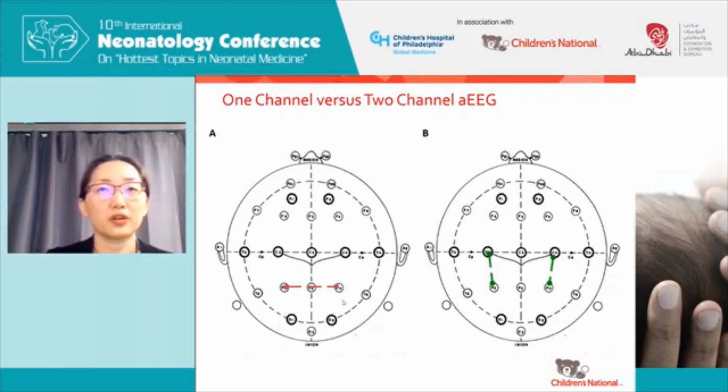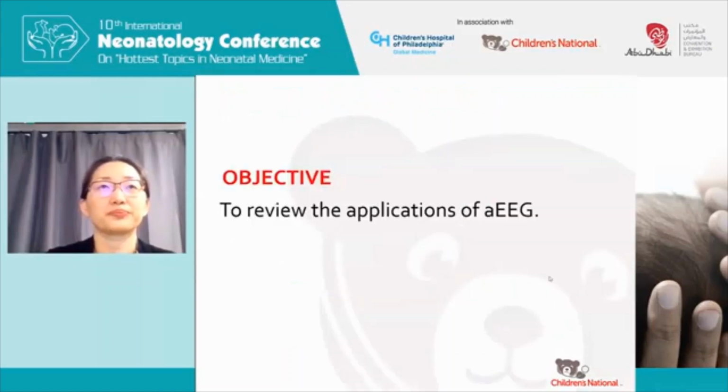So if you ask me how many electrodes do you want, as many as you can, and just recognize that 2 or 4 is actually a psychological restriction. You can actually do an amplitude integrated EEG of all 18 channels, and it doesn't have to be only 2 or 4 electrodes.